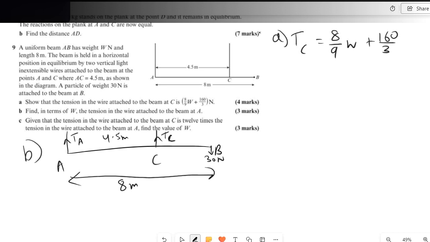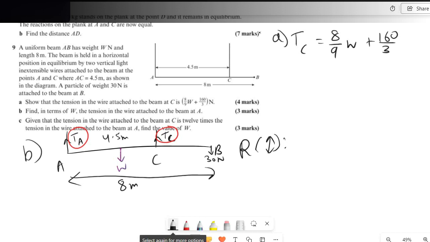So instead of taking moments about any place other than A, like for example, taking moments about C or B, we can simply resolve the forces vertically to find out the value of tension at A. So if we resolve vertically, we can say that the upward forces, which are TC and TA, are going to be equal to the downward forces, which are going to be 30 newtons, as well as the weight of the beam, which is W, acting exactly at the center of AB, because the beam is uniform.